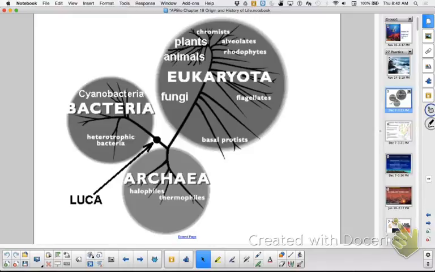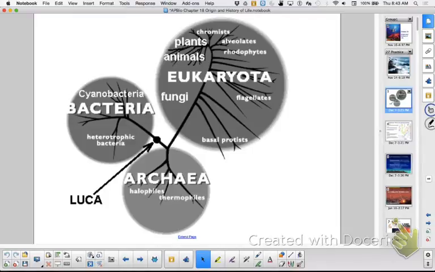Prokaryotes are made. All right. So what do these three things represent? The three domains of life. Could you differentiate between these three domains? Which one is prokaryotic? Is that the only one?